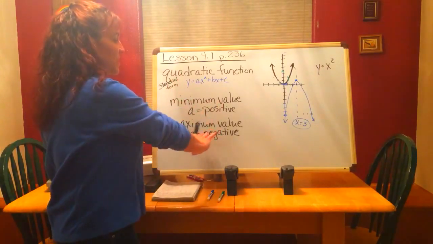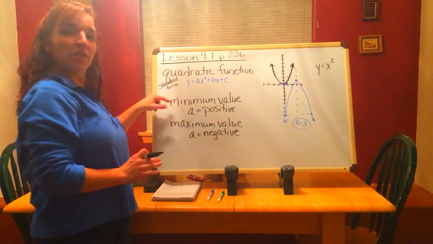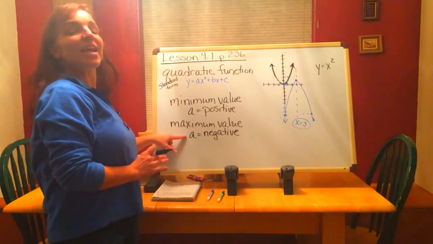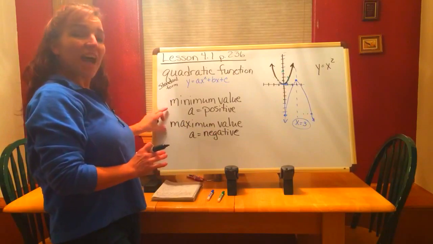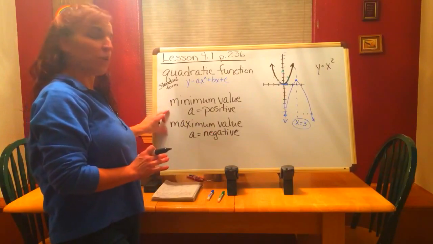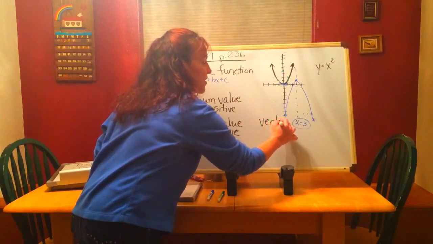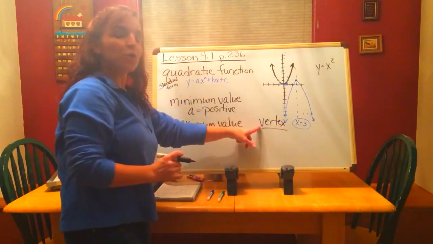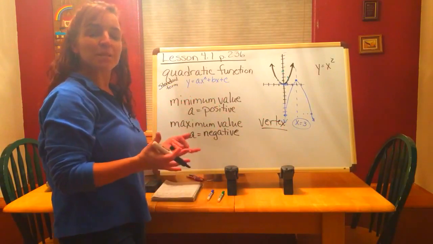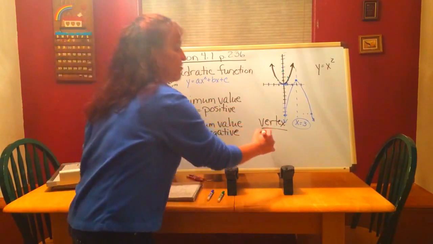So on both of these, you know that if the a is positive, you have a minimum value. If the a is negative, you have a maximum value. To find what that minimum value or maximum value is, you need to find your vertex. Once you find your vertex, the minimum or the maximum is simply going to be the y value of that vertex.